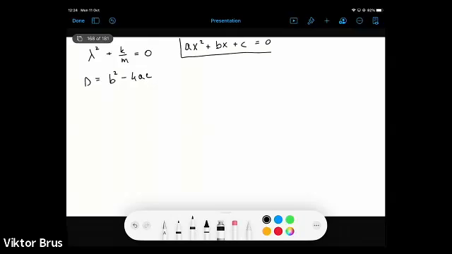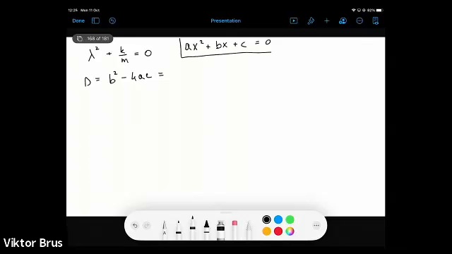Here we can see that next to x we don't have x, so b is considered to be 0. And that's why we have just 4a times c. a is unity, because we solve this equation with respect to lambda and we don't have any coefficient next to lambda squared. And we have this c, which is k divided by m.